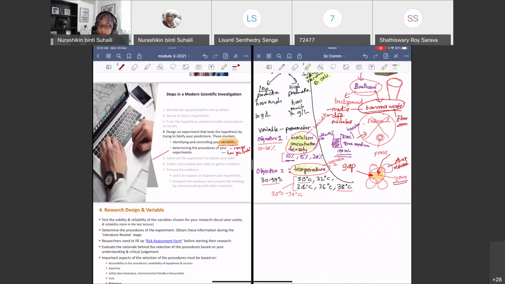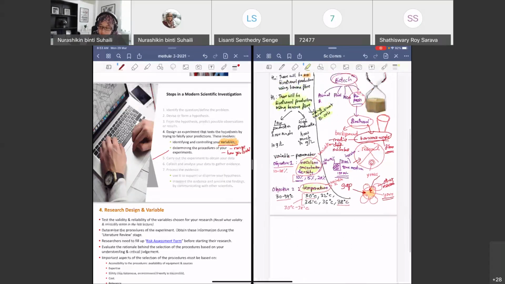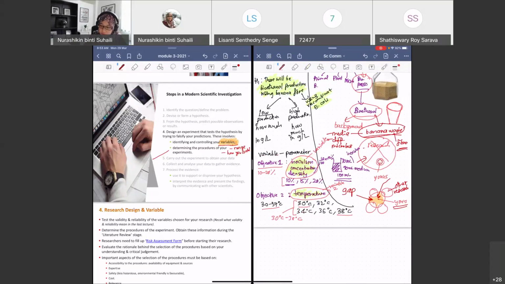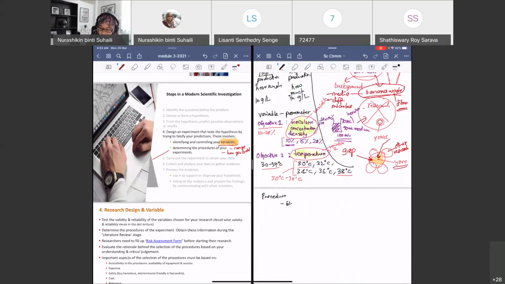Procedure means how you do the work. In this case, what you have to find out is the procedure of bioethanol fermentation.